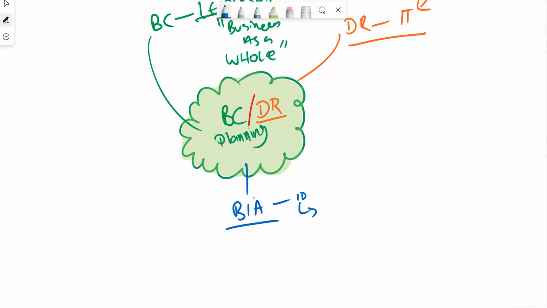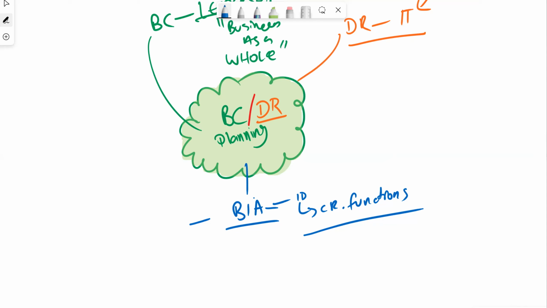We identify critical functions across the business, and the processes within the organization. We have to ensure there's resilience of our critical functions and the processes behind them, but from a DR perspective as well. So they interlink when we talk about doing a BIA.